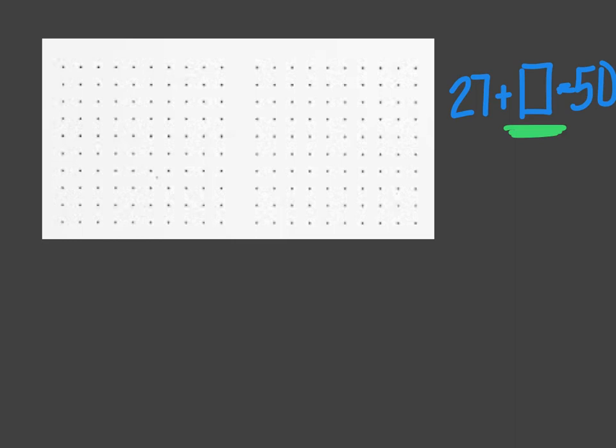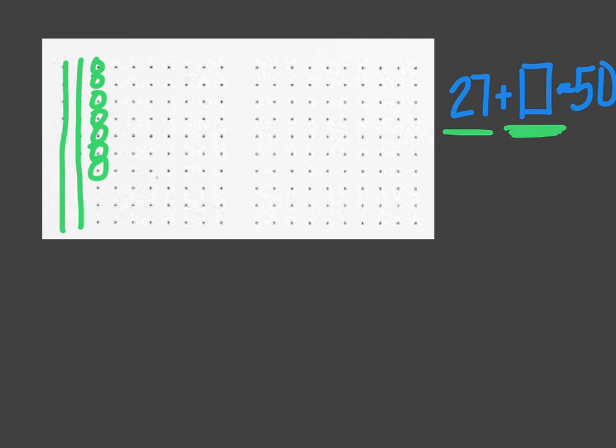So the first thing I'm going to do over on my dot array is I'm going to make my first number 27. So this is 10, this is 20, and then 21, 22, 23, 24, 25, 26, 27. So there is 27 on my dot array.